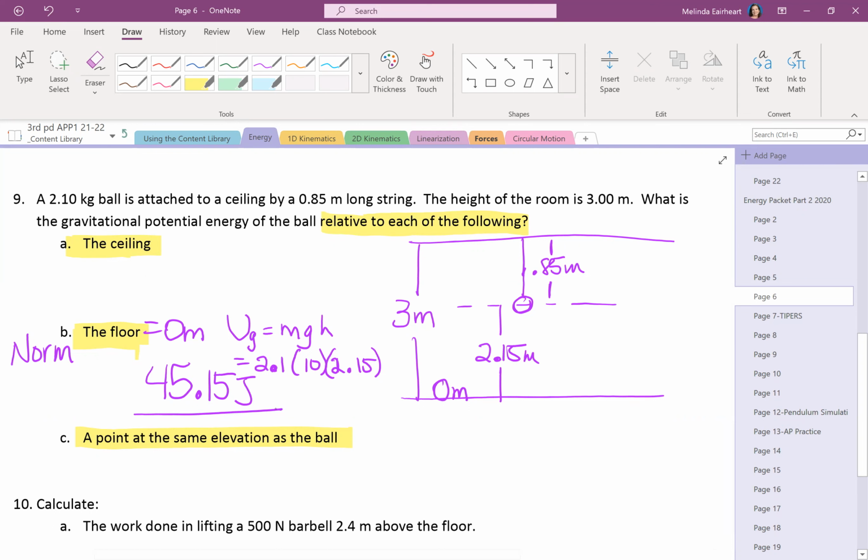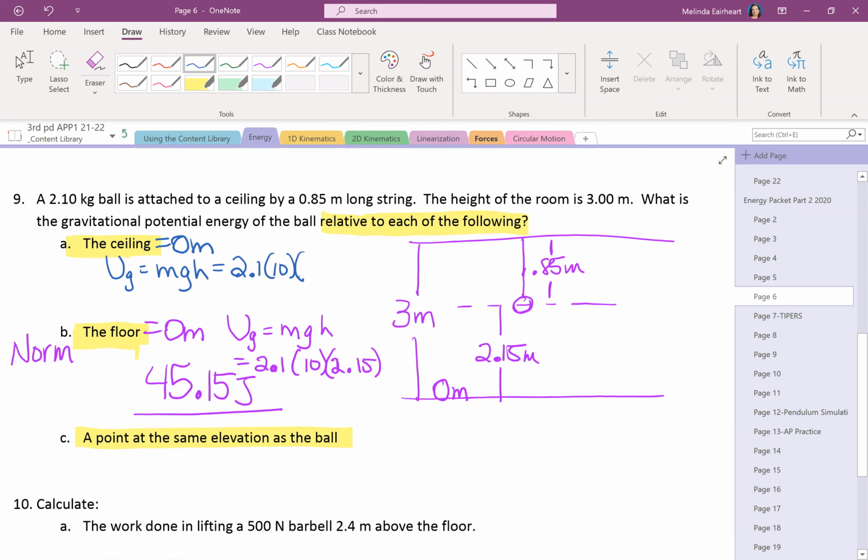Now I'm going to go back to part A. A is atypical, but AP could so do it. Relative to the ceiling. What they're saying here is the ceiling is your 0 meter mark. The ball is below your 0 meter mark. So it's atypical, but to find the potential energy, mgh, it's the same mass, 2.1 times the same gravity, but now I'm below the 0 meter mark.